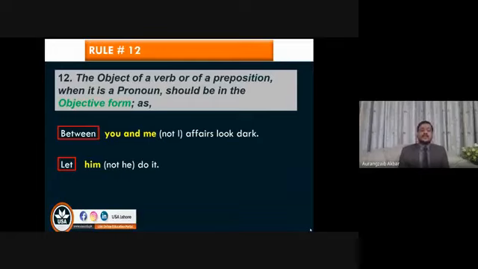So when we use a pronoun as an object of a verb or as an object of a preposition, we should take care that we have used the objective form of the pronoun.